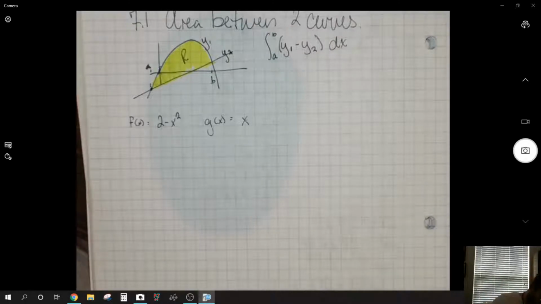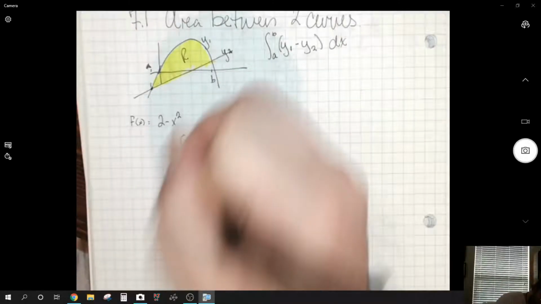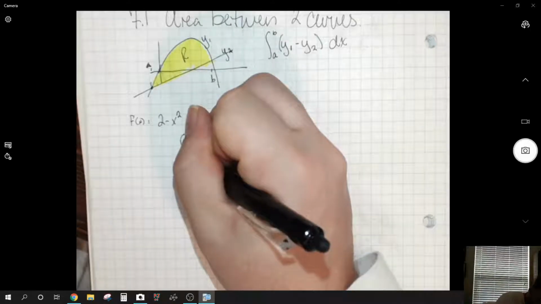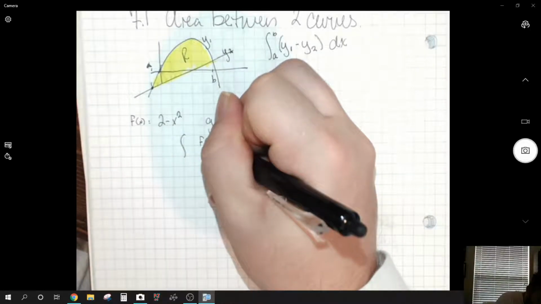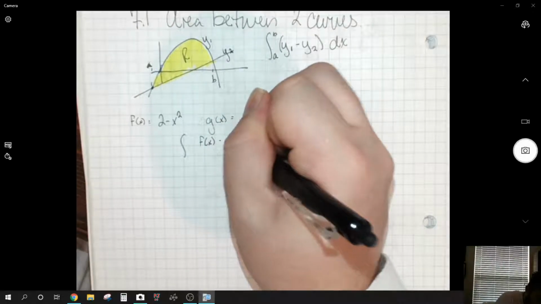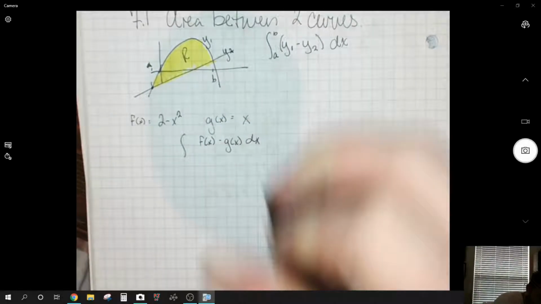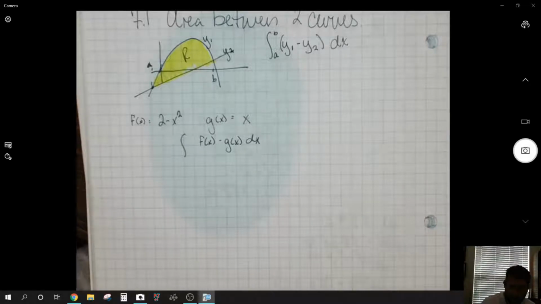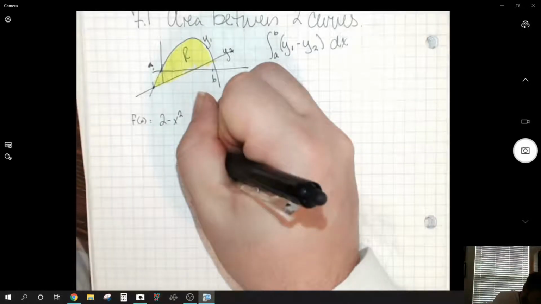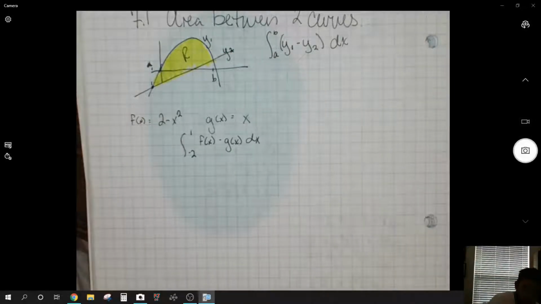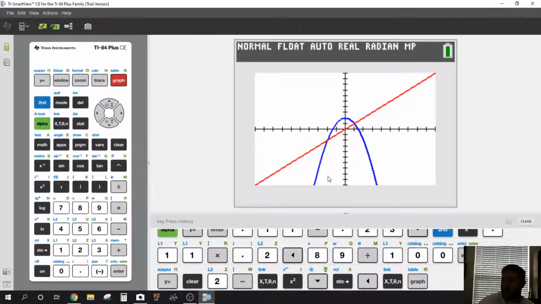Okay. So I'm going to go ahead and go into an integral of f of x minus g of x. And then our bounds are going to be from -2 to 1. Now on this graph, that's very easy to see. But as a word of caution, don't just assume it's -2 and 1.